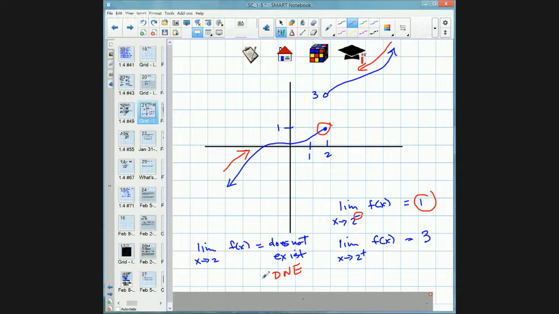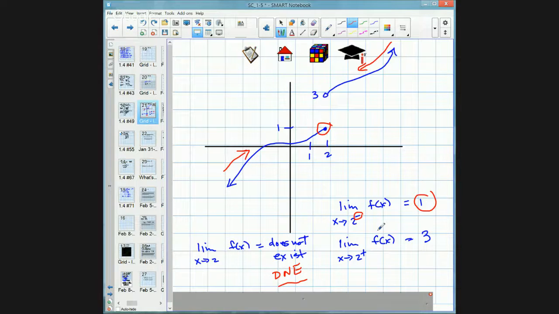And we often abbreviate that DNE. I know this is a little bit unusual, but here we have a function that's doing something different on the left side than on the right. The limit as we approach 2 from the left is one thing, and as we approach it from the right, it's a different thing, and that's what these two statements say.